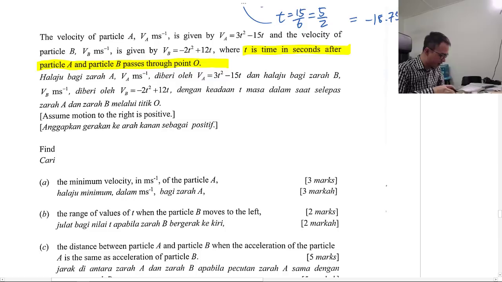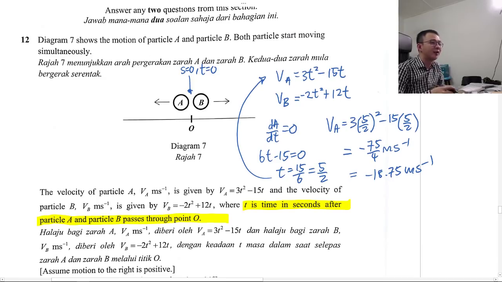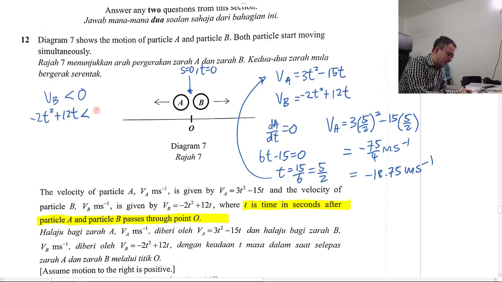Find the range of values of t when B moves left. So particle B moves left means what? We know moving right means velocity more than 0, so moving left means the velocity of B must be less than 0. So I will solve this: negative 2t squared plus 12t is less than 0.